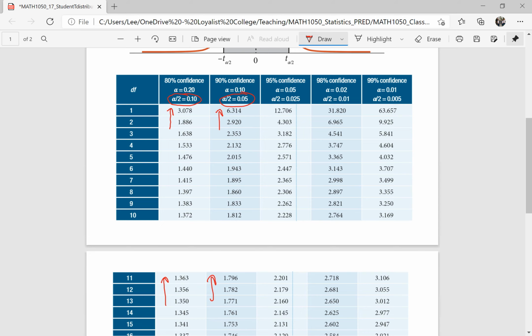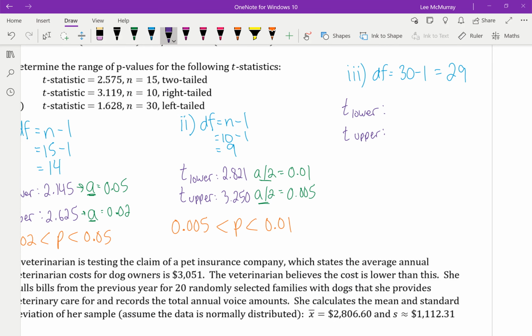Okay, so again, let's go put that back into our notes. So our lower value we determined was 1.311, and as a result, alpha split in 2 was equal to 0.10. Okay, and our upper value was 1.699, and if we split alpha in half, we ended up with 0.05.